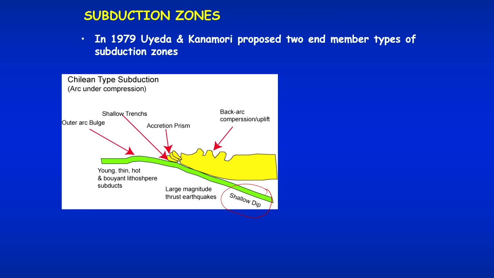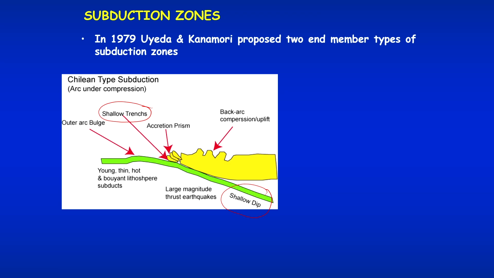So the features you will see here are that the overriding plate will have back arc compression and uplift going on. It will also have the accretion prism in the front, and then you have the shallow trenches. You will not come across deeper trenches like the example of Mariana Trench.